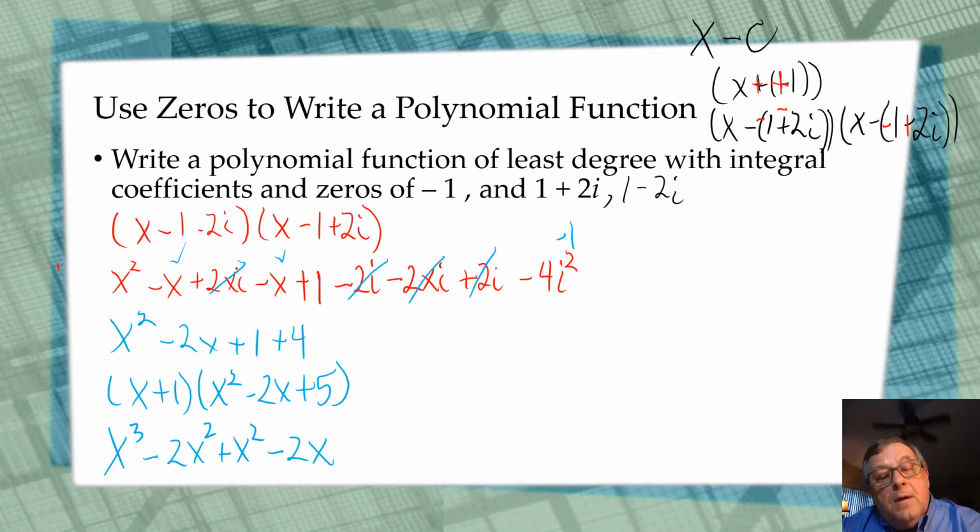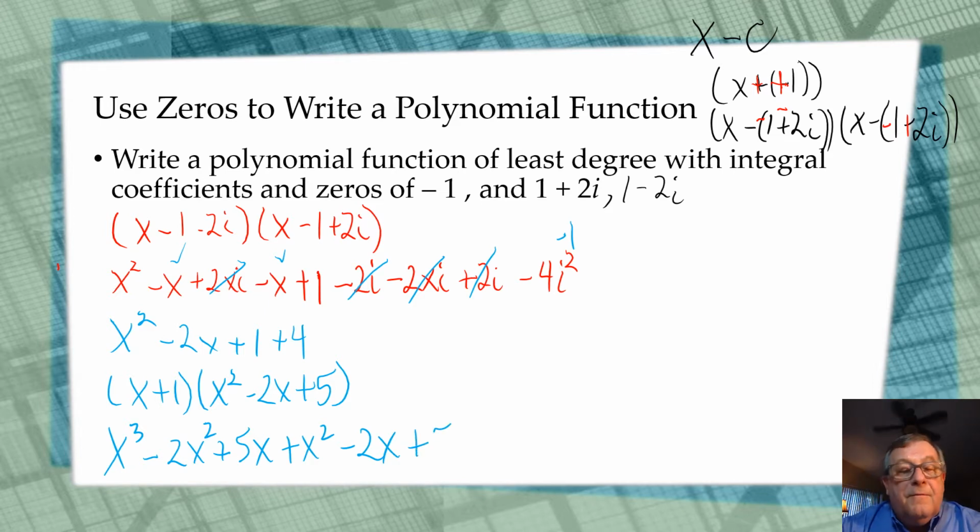Wait a minute. What am I thinking of? I've got to back up here. I didn't do the x times the 5. That's plus 5x. All right, so 1 times x squared then is positive x squared. 1 times negative 2x is negative 2x. And 1 times 5 is positive 5.